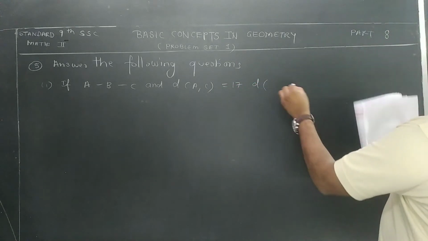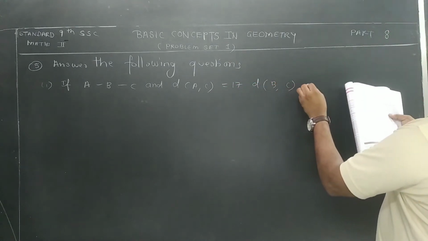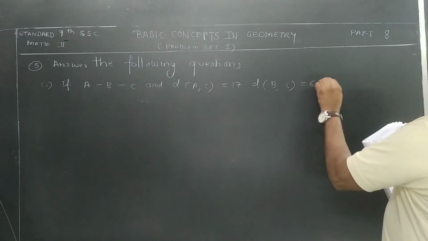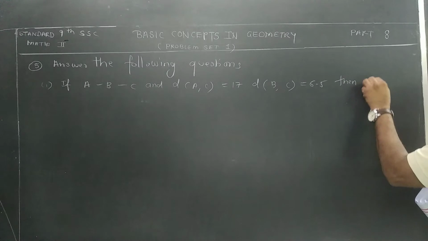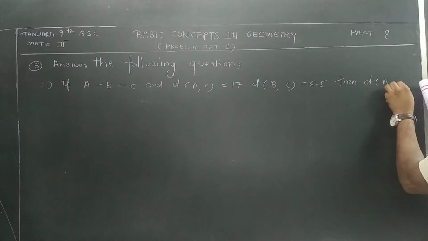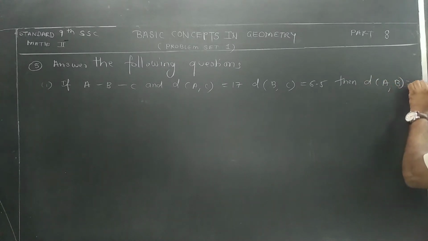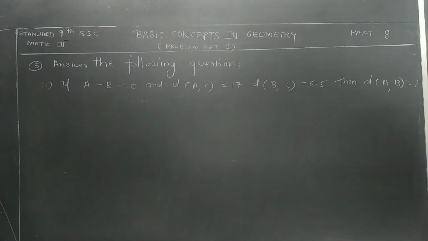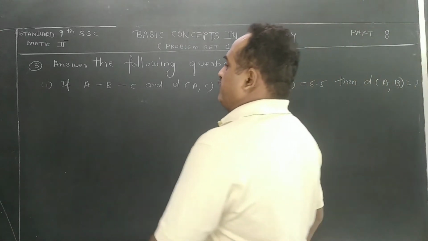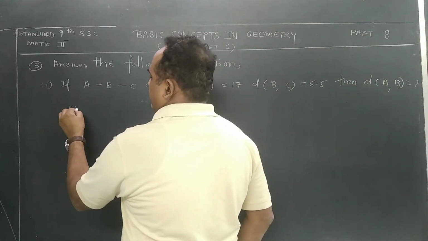Distance BC is 6.5 units. And they have asked for distance AB. Students, I think it is a very easy question. We can easily give the answer for it. So, if they ask this type of question, you are going to write "given".